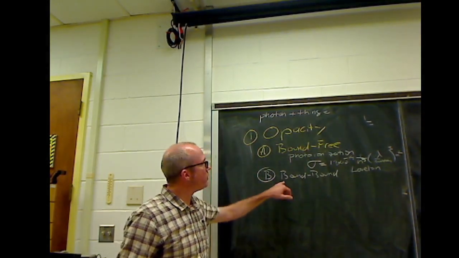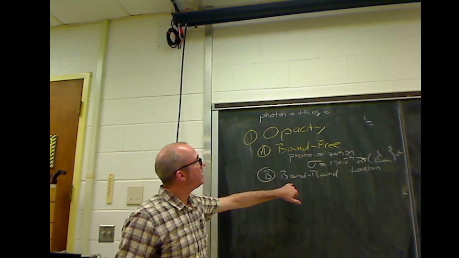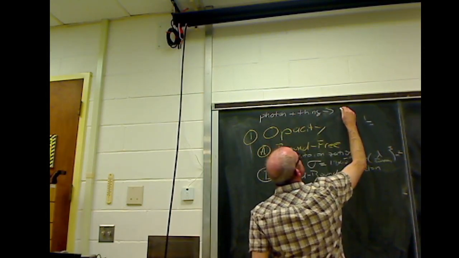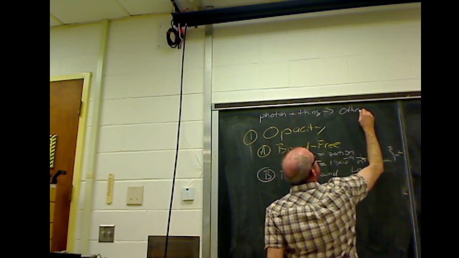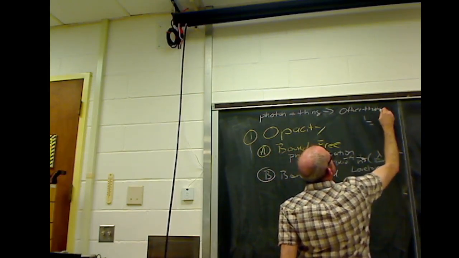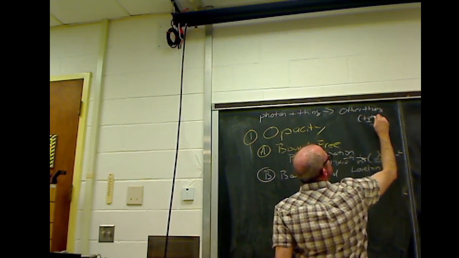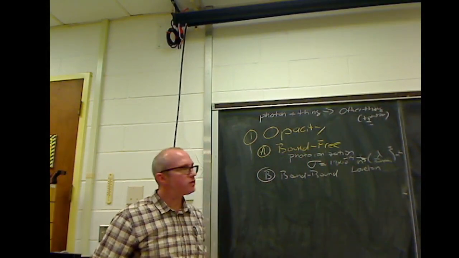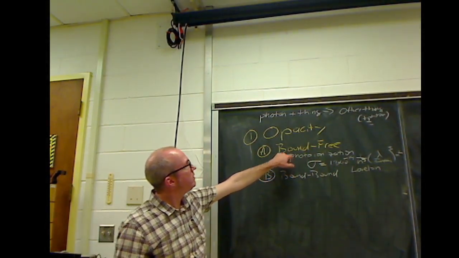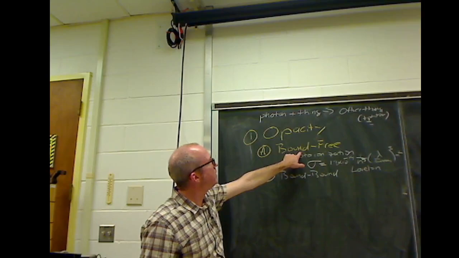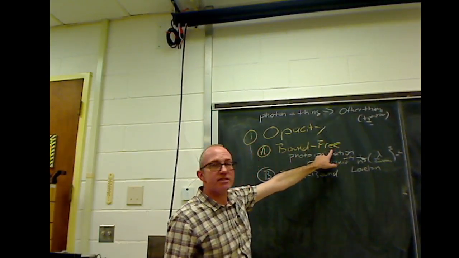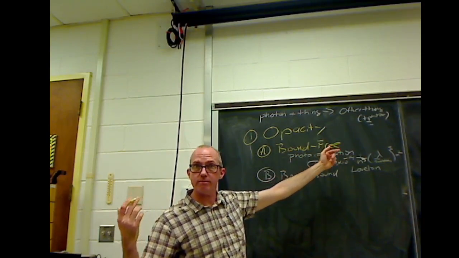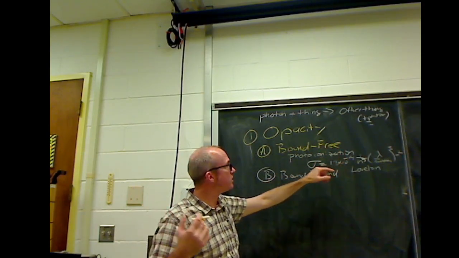So this is the photon impinging on, so photon plus thing goes to other thing, maybe plus a photon. So there might be a photon at the end, there might not be. So with bound-free, the first thing is a bound hydrogen atom, and the other thing is an ionized hydrogen atom, or helium, or calcium, or whiskey. They're whiskey molecules.